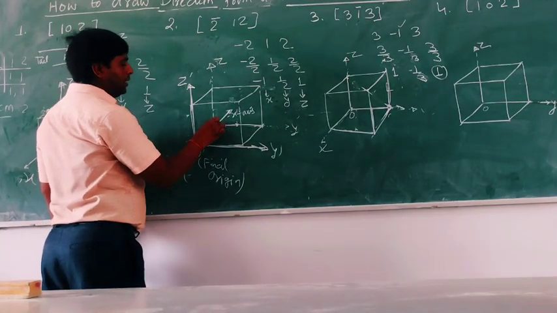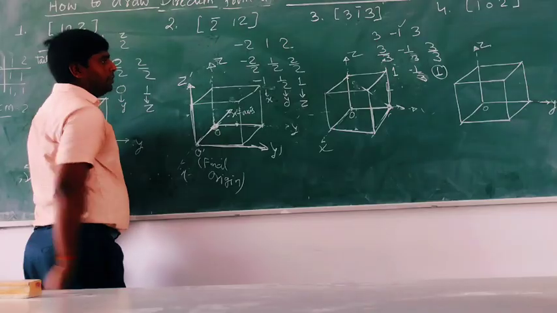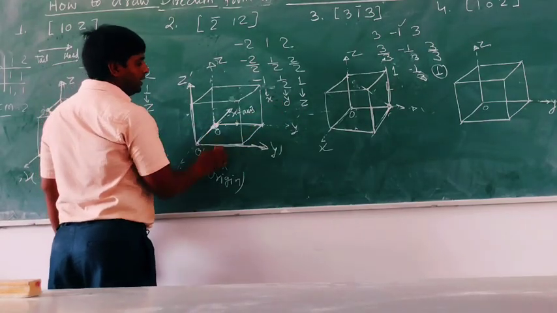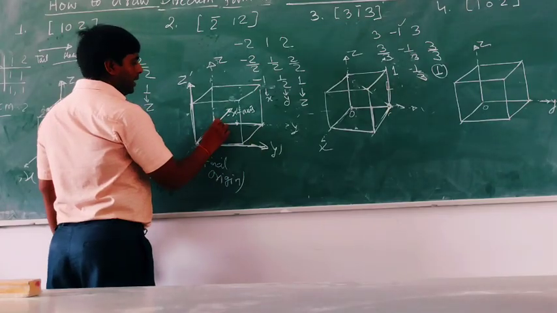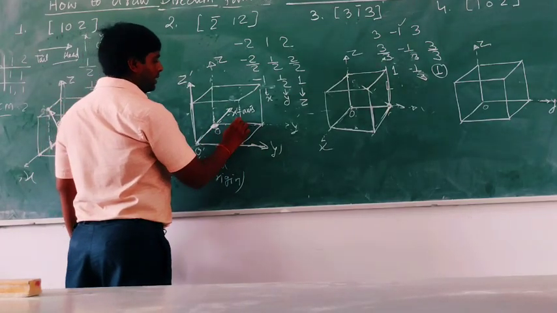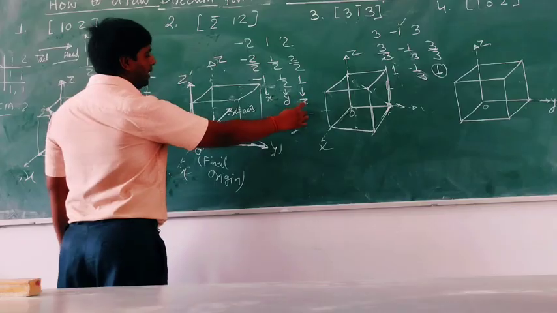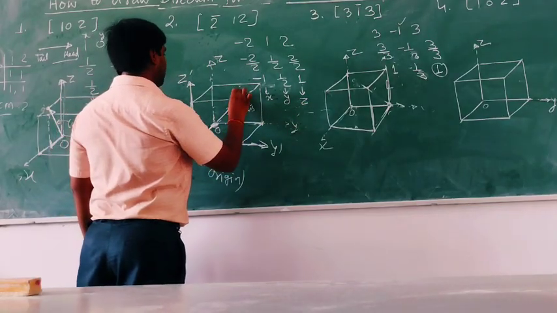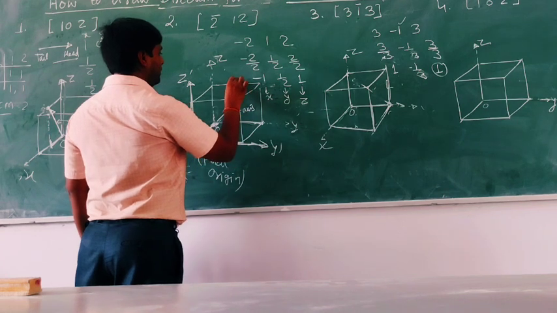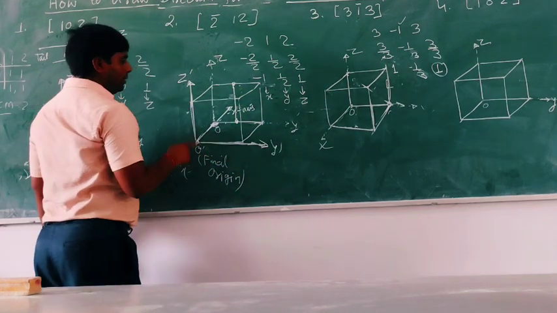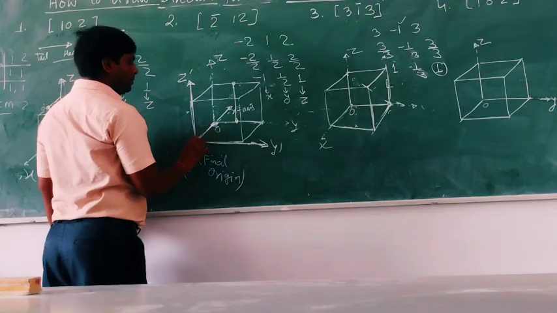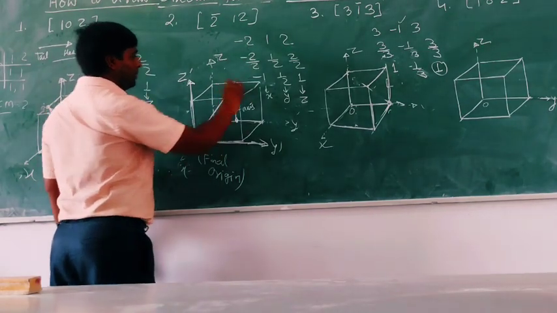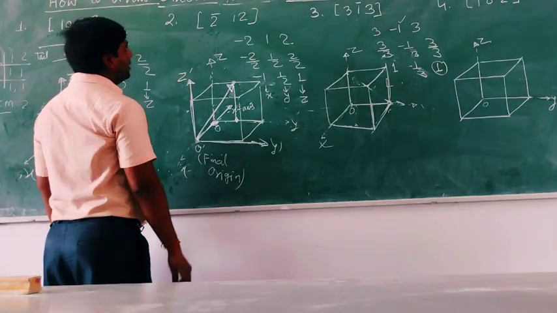Then, parallel to the y direction, we move half a unit, and in the z direction, 1 unit positive. From the origin we then find the final point, which gives the final coordinates.